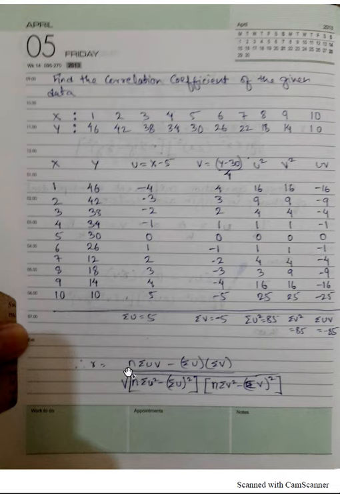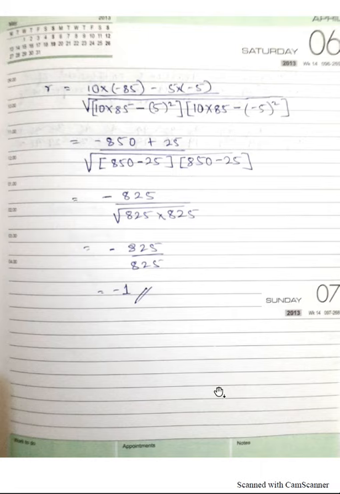So r is equal to n, and we now put the values. Here n is 1, 2, 3, 4, 5, 6, 7, 8, 9 and 10. So n is 10, summation uv is minus 85, summation u is 5, summation v is minus 5. So we put the values here and get the result.